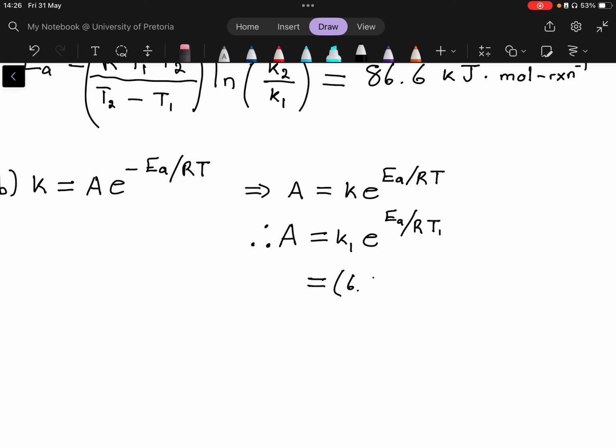K1 is 6.93 times 10 to the power minus 3 per second.